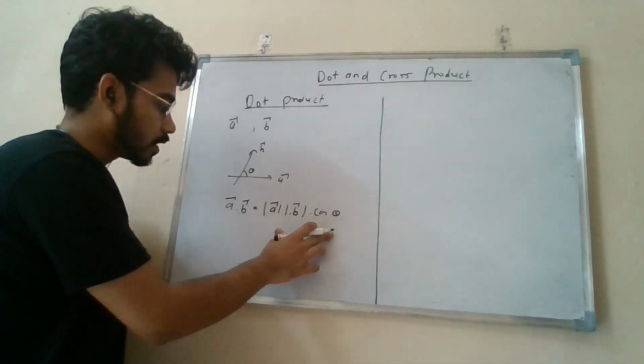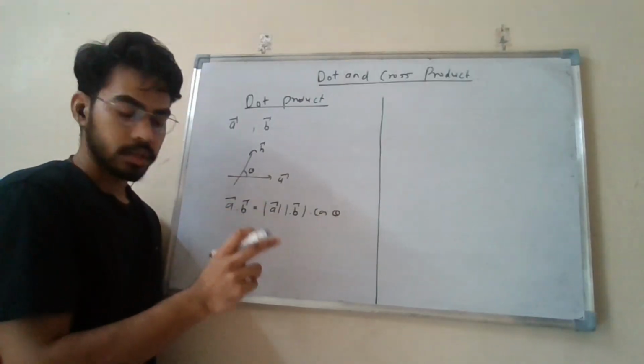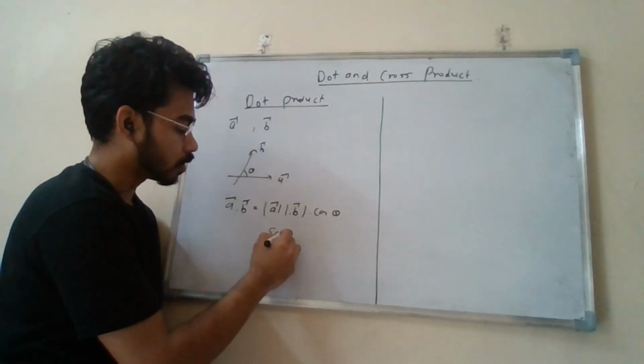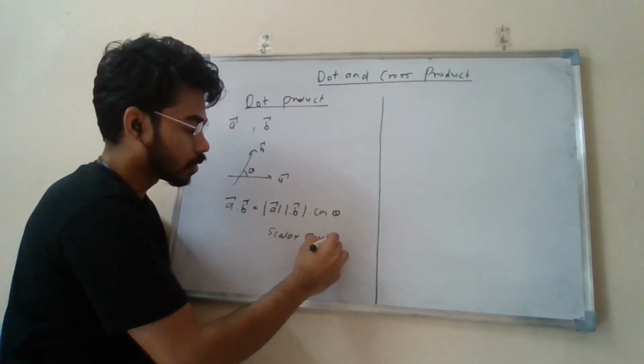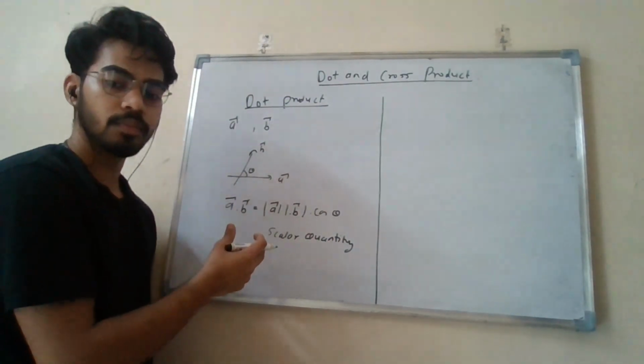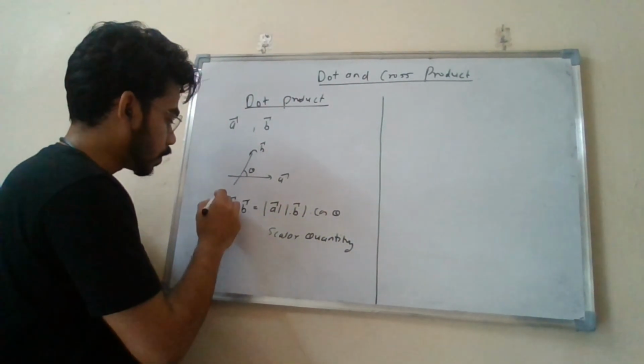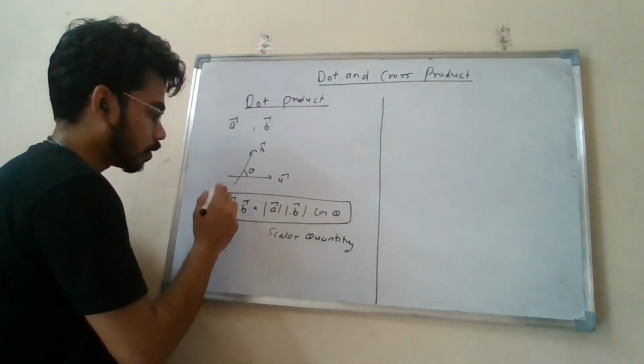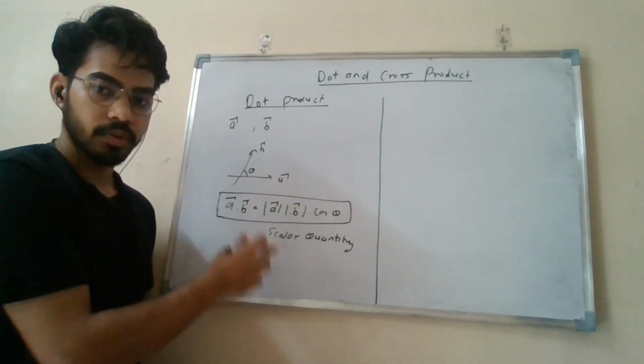So the dot product of two vectors gives us a scalar quantity. That's why it is also called the scalar product. This is my main formula for the dot product: mod of A, mod of B, cos theta, where theta is the angle between the two vectors.